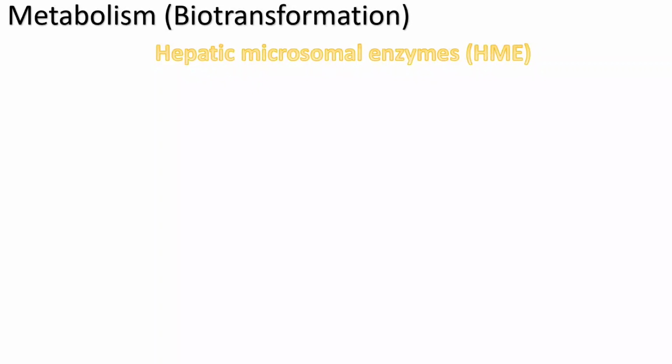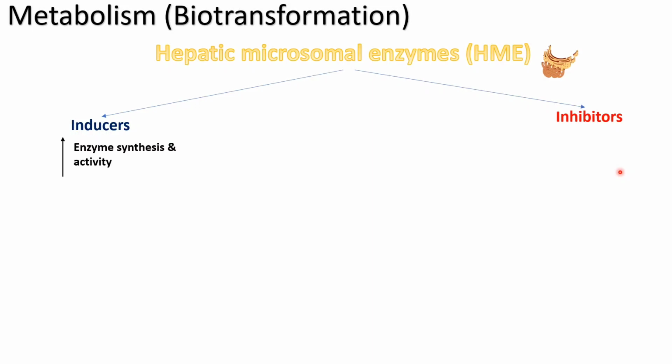Also, there would be inhibitors of these enzymes. So the inducers are expected to increase the synthesis and hence the activity of the enzymes. And if the activity of the enzymes that break down the drug is increased, this would of course decrease the plasma concentration of this drug.